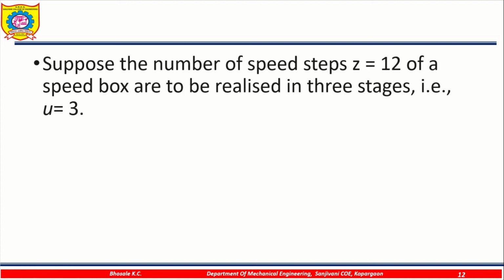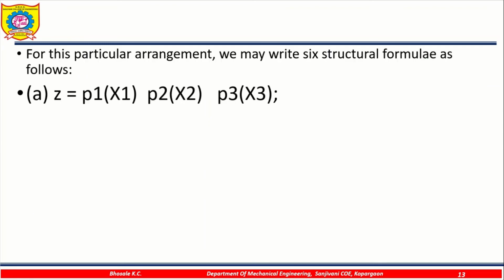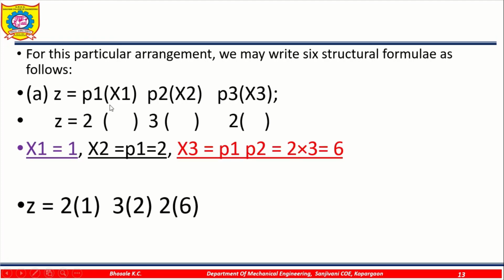The value of P corresponding to X1 is 2, and the value of P corresponding to X2 is 2, so 3, sorry, it will become the X3 value. X1 is 1, X2 is 2 and X3 is 6.